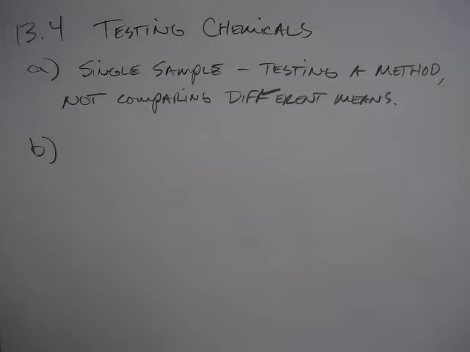He takes a solution of unknown concentration and pours it into equal amounts into 20 beakers. Then he measures the concentration in 10 of the beakers with the new method and the other 10 with the old method. Is that single, paired, or two independent?